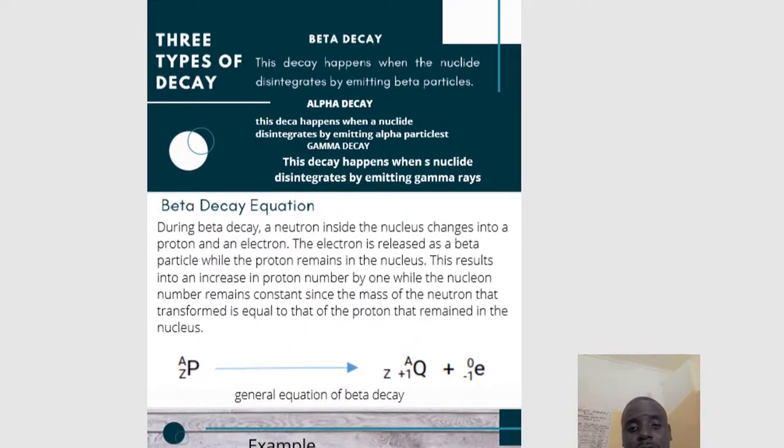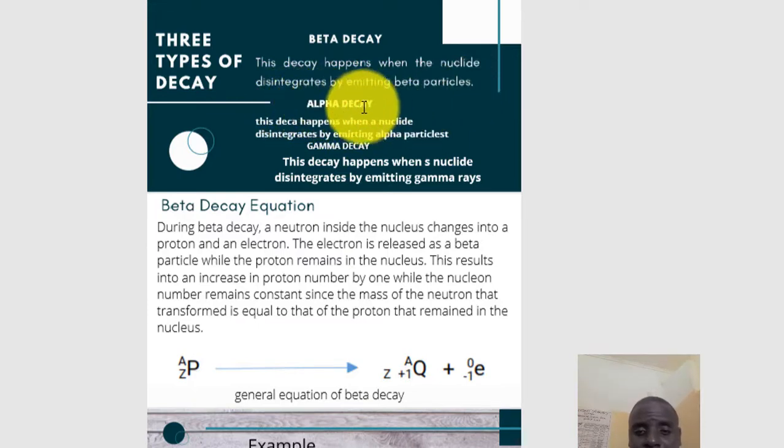Okay, so there are three types of radioactive decay. These are beta decay, alpha decay, and gamma decay. So first of all, let us look at beta decay. This type of decay happens when the nuclide disintegrates by emitting beta particles. So when the nuclide of a radioactive substance decays by emitting beta particles, then that substance is said to be undergoing beta decay.